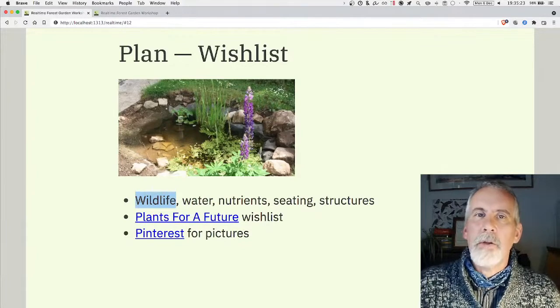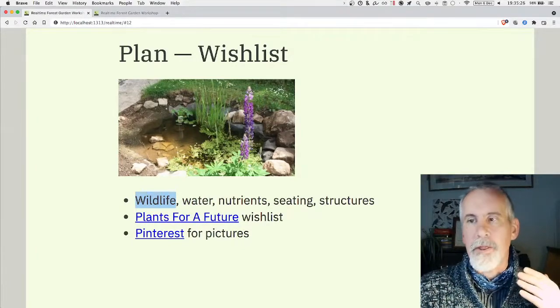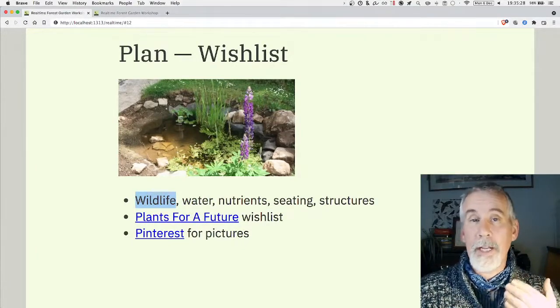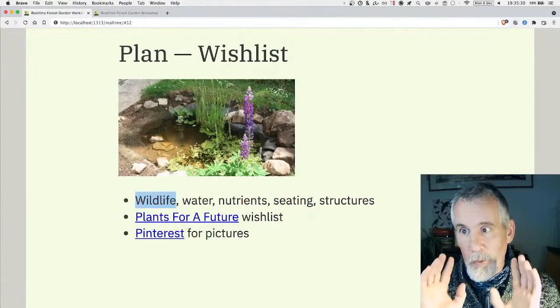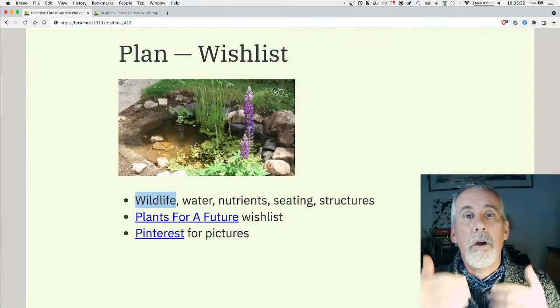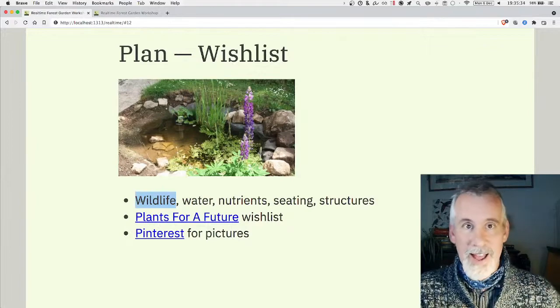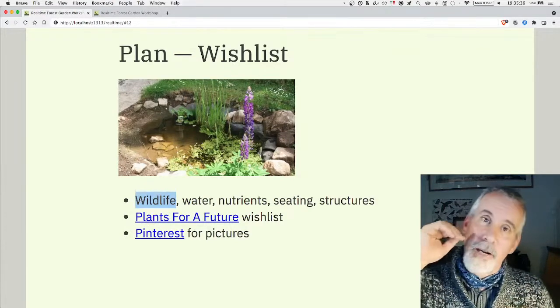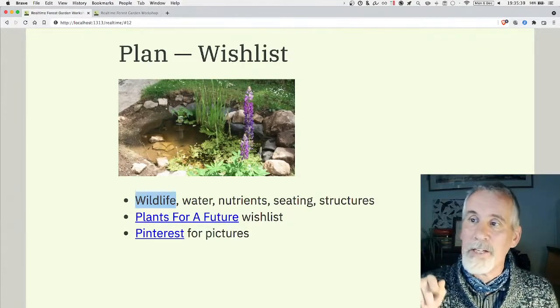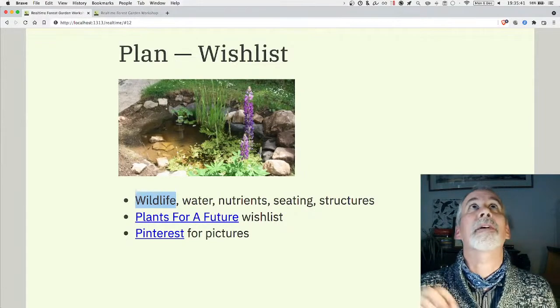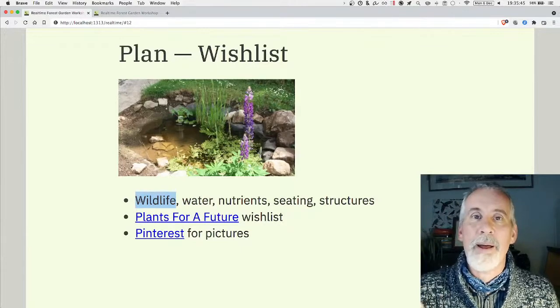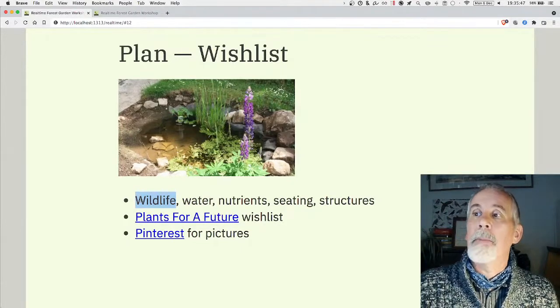Always start out with the wildlife in your area, because you're creating an edible ecosystem. So you want to have wildlife at the center of the wish list that you have. Wildlife features should come right up the top. Number one wildlife feature is a pond. I've got books up there about making wildlife ponds, but they're brilliant.